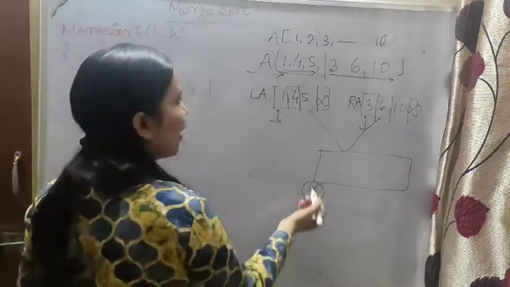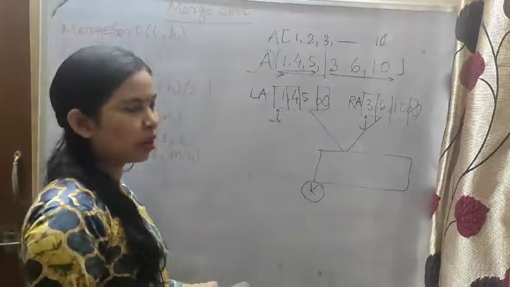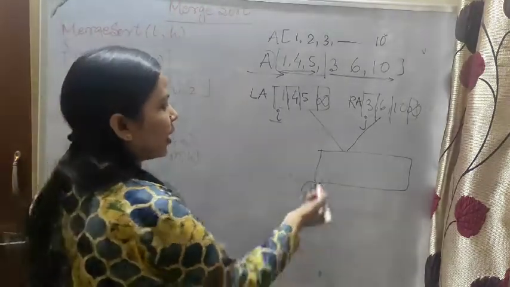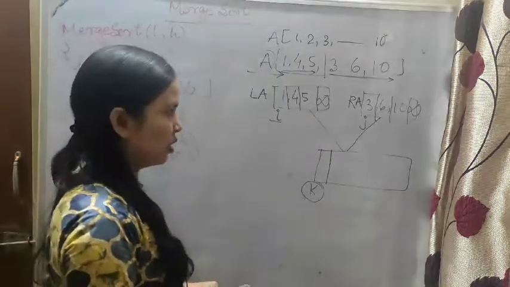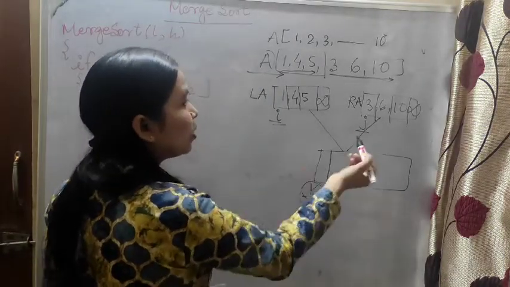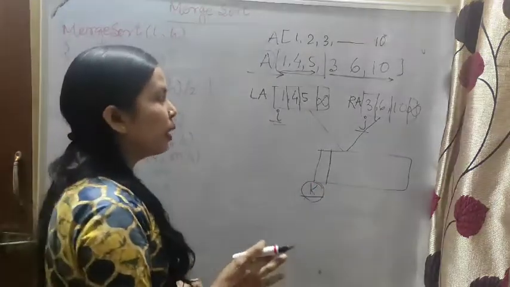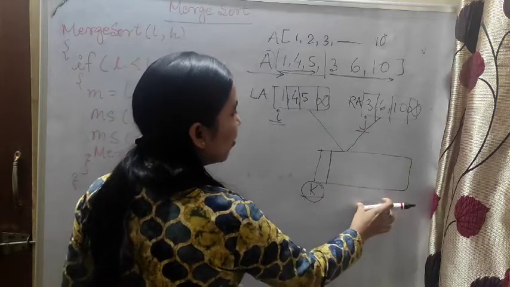If the left element at i is less than the right element at j, then we store the value in the kth position. Here I am using three variables for three different memory places: the left array, the right array, and the merging array.